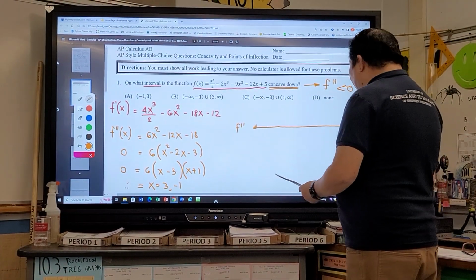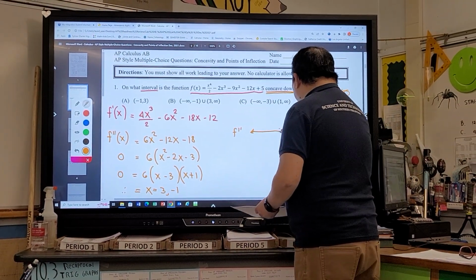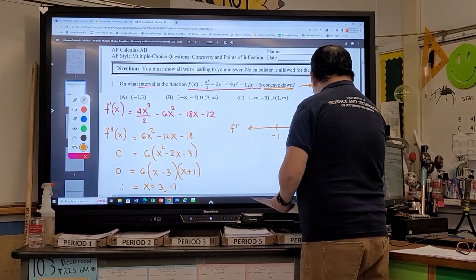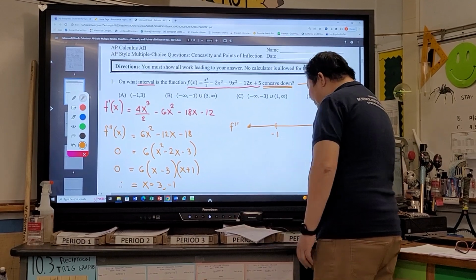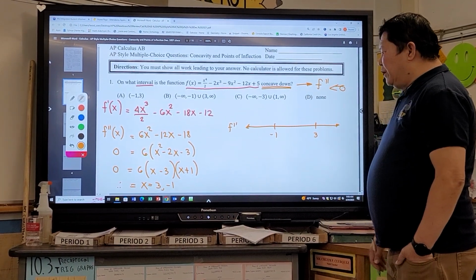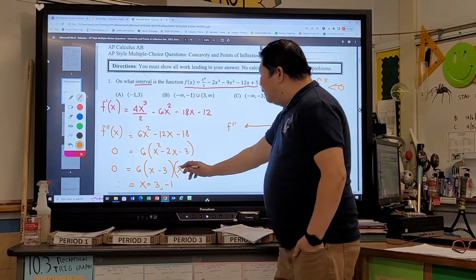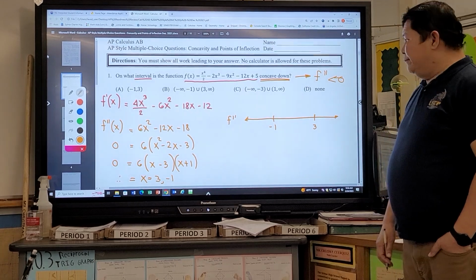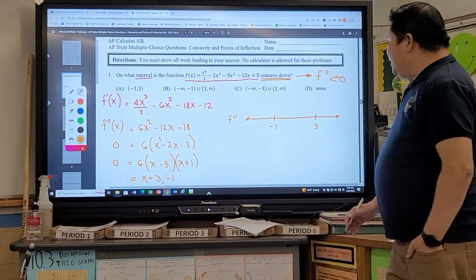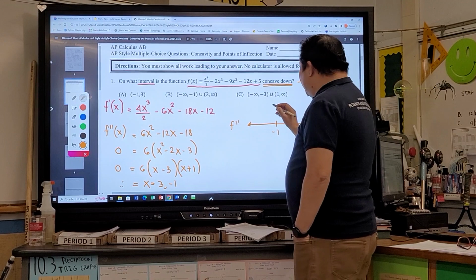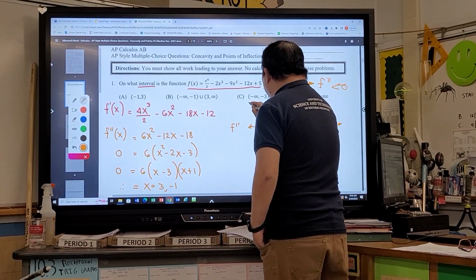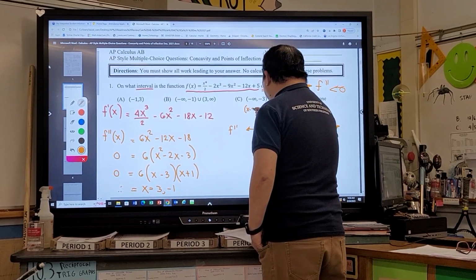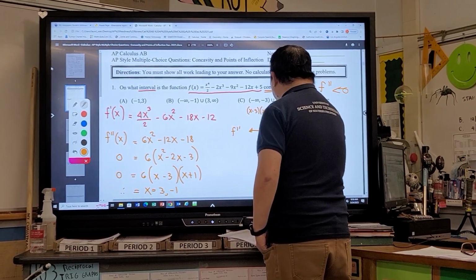So we can have negative 1 right here and then 3 right here. That means we're gonna focus on x minus 3 and x plus 1. To be safe, I need you to copy that down. x minus 3 and then x plus 1.